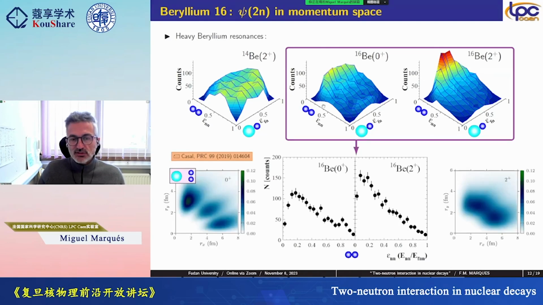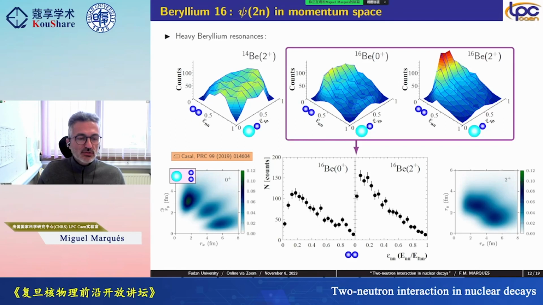Here you have the projection on the neutron-neutron axis of both the ground state and the first excited state. So the ground state has an important signal. In the excited state, it's even more important. And these are the calculations from Casal for this 3-body system.